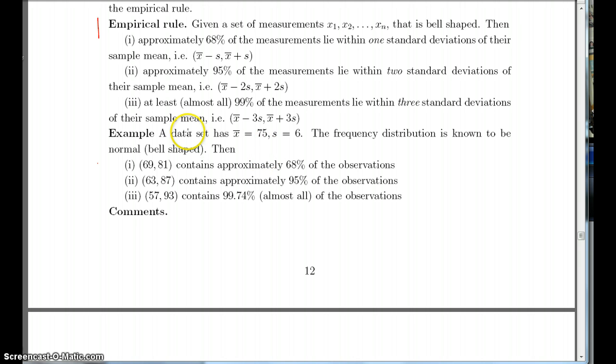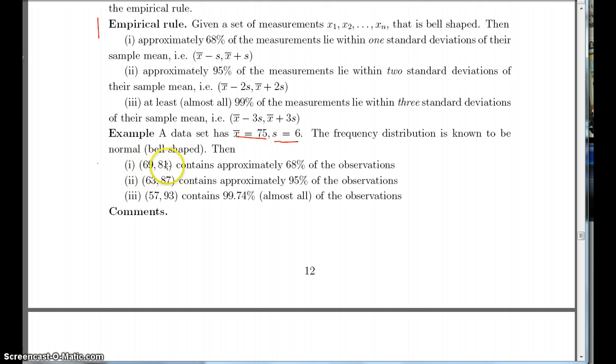So if we have the same data set we had before, where we have a sample mean of 75 and a standard deviation of 6, now we know the distribution is bell-shaped. If we take x bar, which is 75, minus one standard deviation, that gives me 69. Add one standard deviation to 75, I get 81.